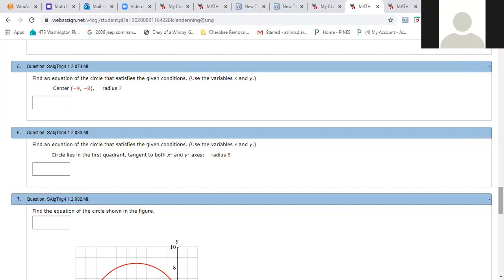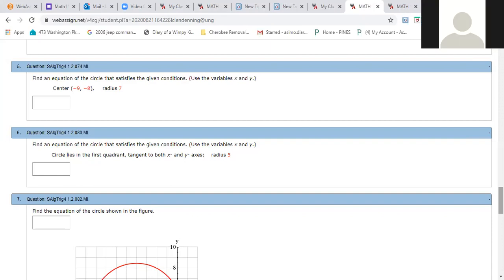You see why, because your h is -9 in the equation, it'll look like +9, x plus 9. Then you're going to add another parentheses and you'll have y plus 8 squared. Equals, since your radius is 7, in the equation it's going to be 49, 7 squared.